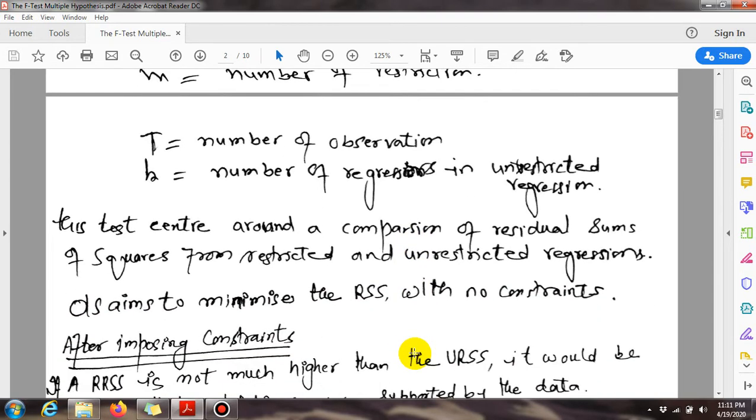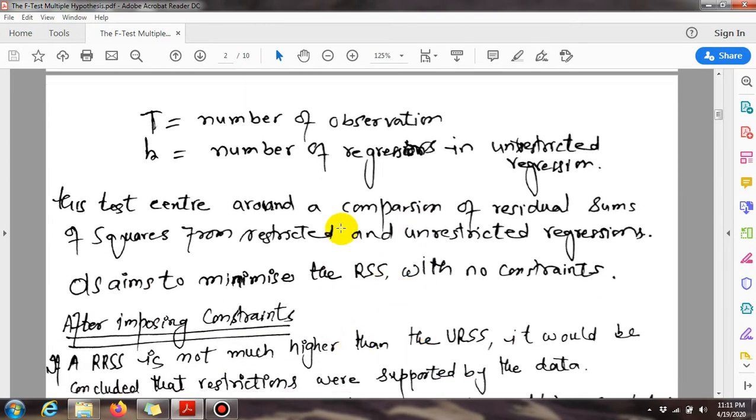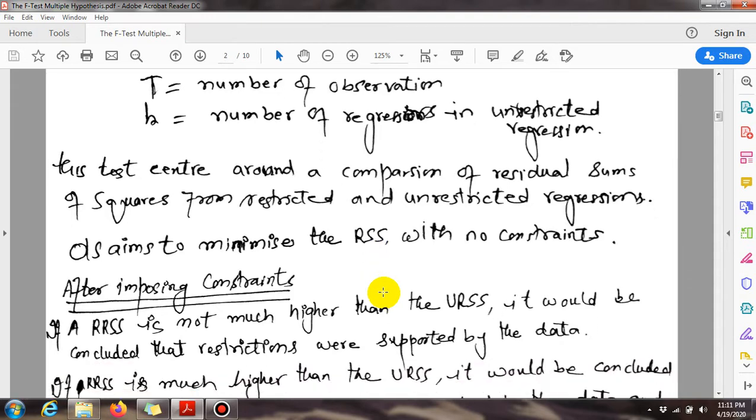This test centers around a comparison of residual sum of square from restricted and unrestricted regressions. The basic aim of any type of regression, as we have already discussed, is that OLS aims to minimize the residual sum of square, with no constraint, or even in the presence of a constraint as well.